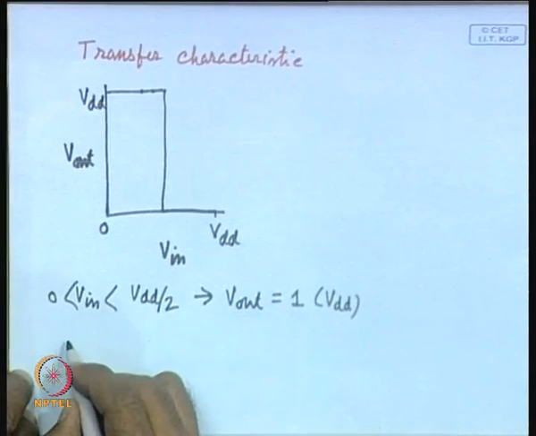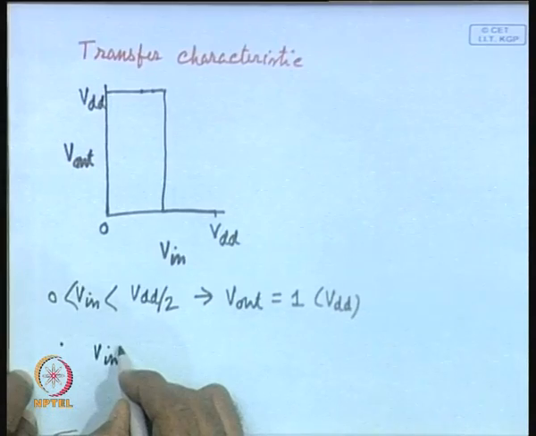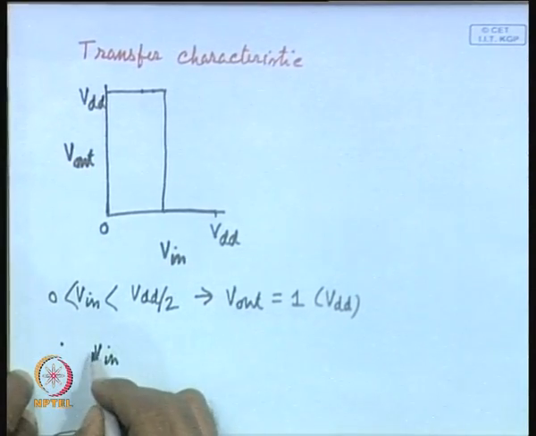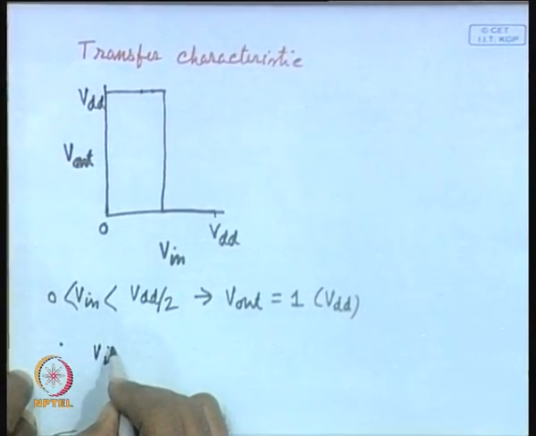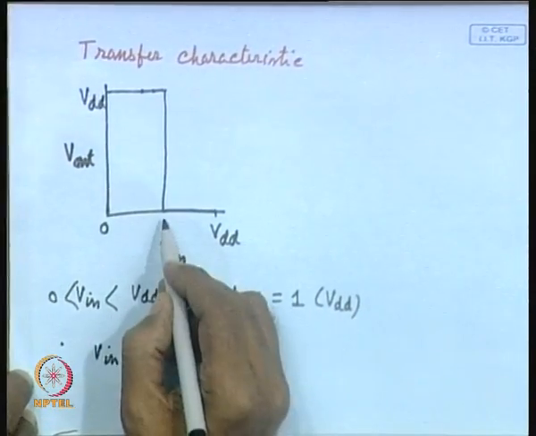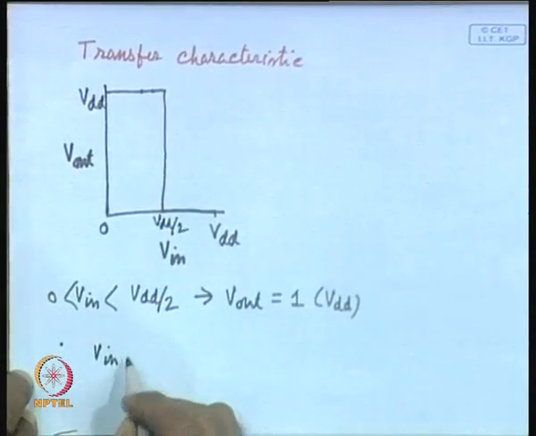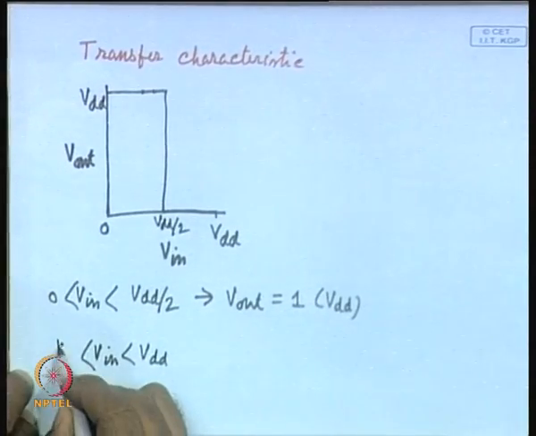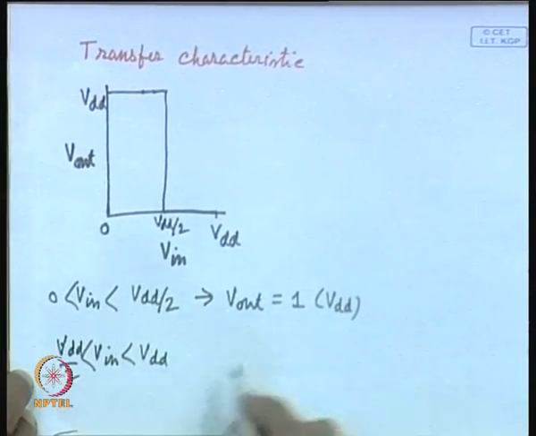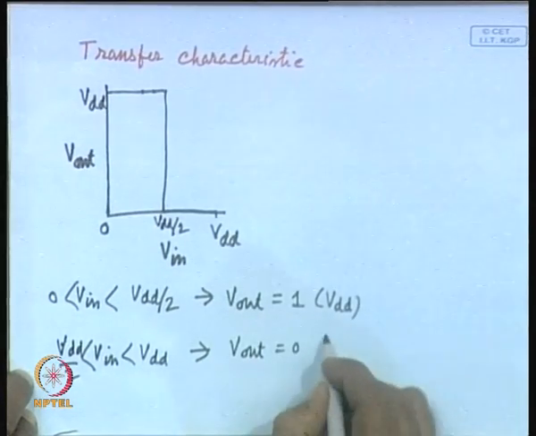On the other hand, when V in is greater than VDD by 2, this is your VDD by 2, so this is in the range of VDD and VDD by 2, then V out is 0 or ground.